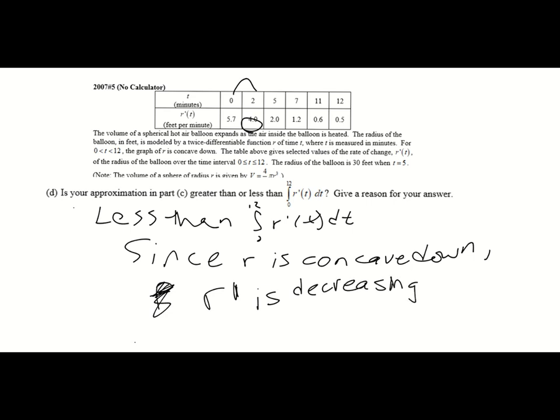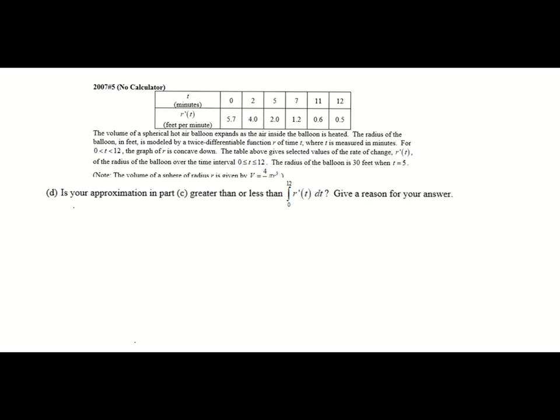Okay, it's concave down, so we're decreasing. If we're using the number on the right to get the height of each rectangle, then these rectangles are going to fall a little bit less than the curve and not fill it up all the way. So we're going to have gaps, and that means our approximation is going to be a little bit smaller than the true integral.